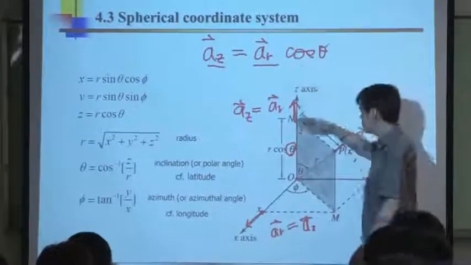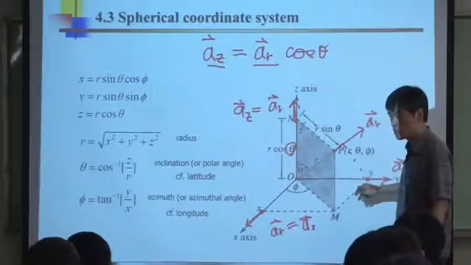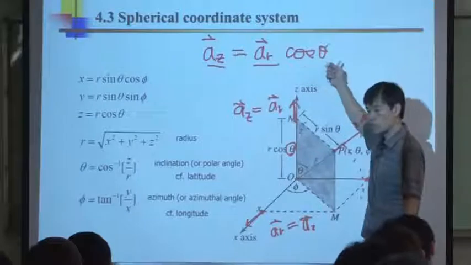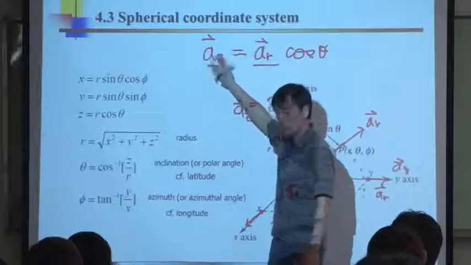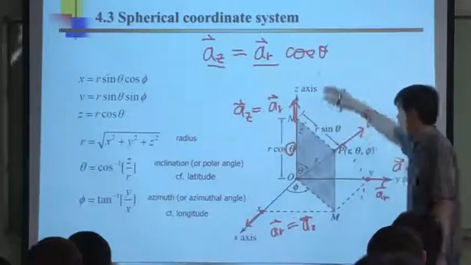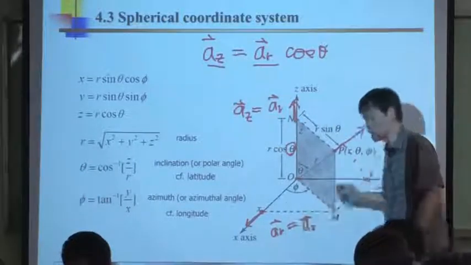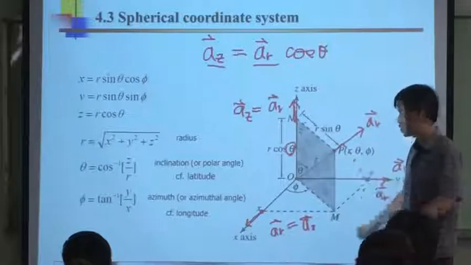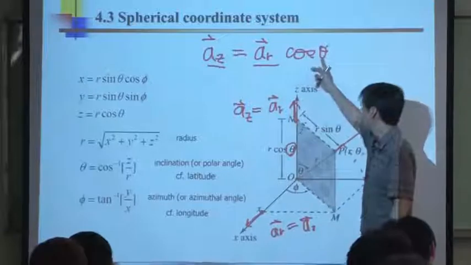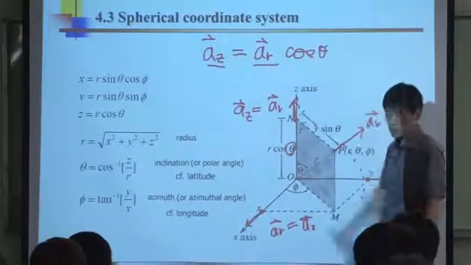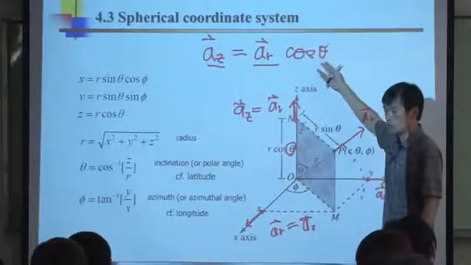But if it is at the equator, theta is 90 degrees, and cosine theta becomes 0, so the AR component does not have the AZ component. In that case, the AR is composed of the AX and AY because it is on the XY plane. And if we go to the south pole, theta equals 180, then cosine 180 is minus 1.